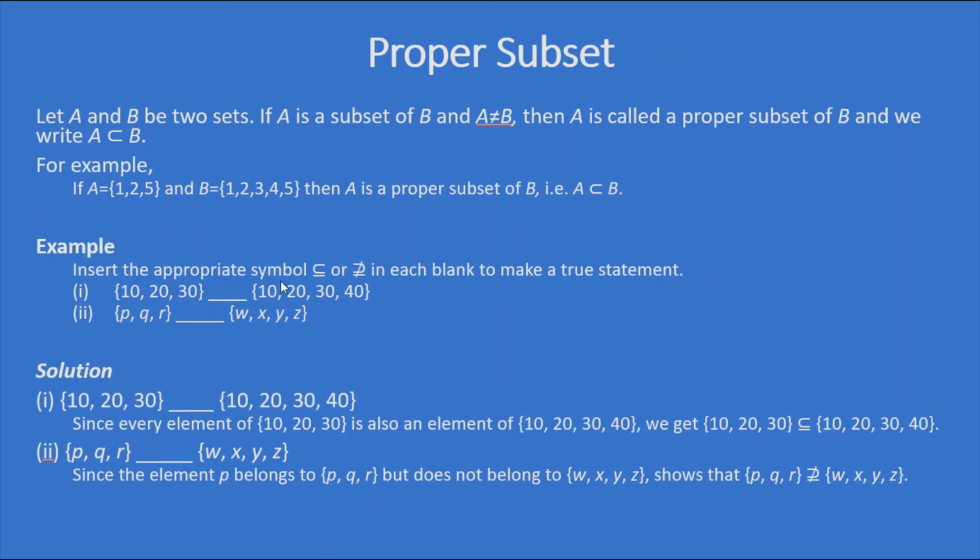The second one is {P, Q, R} and {W, X, Y, Z}. P, Q, R are not present in this set, so we can say PQR is not a subset of {W, X, Y, Z}.